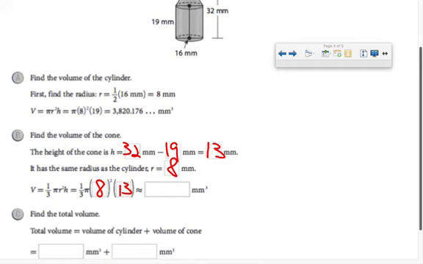And when we type that in our calculator, 64 times 13 times pi divided by 3 is approximately 871.3. And so to find the total volume, we add the volume of the cylinder plus the volume of the cone. Volume of the cylinder was 3820.2 plus the volume of the cone, which was 871.3.